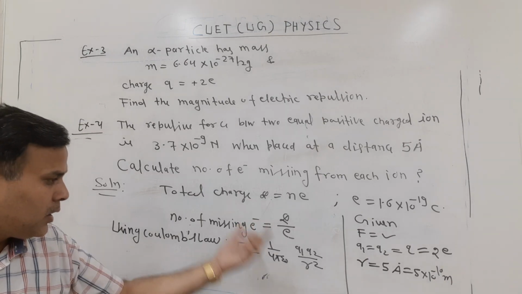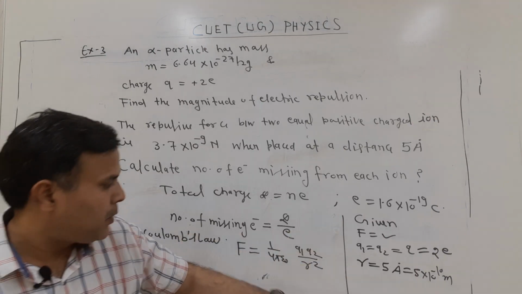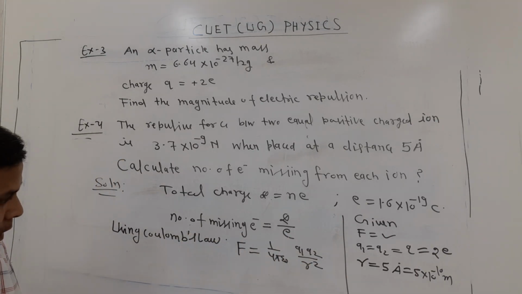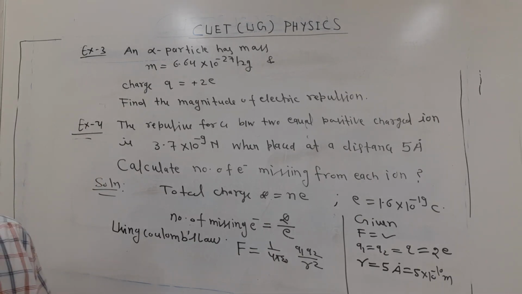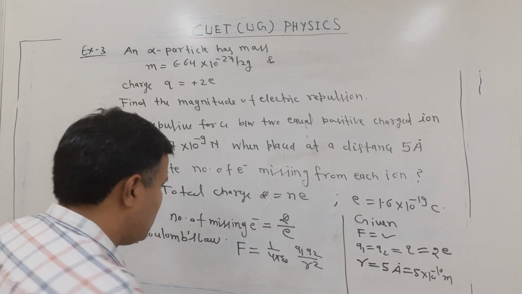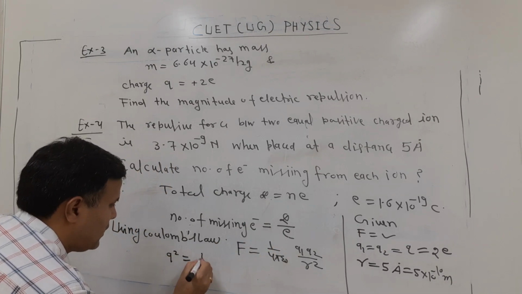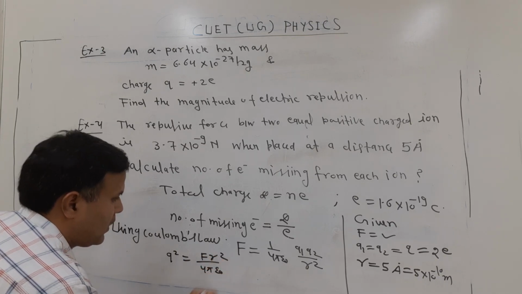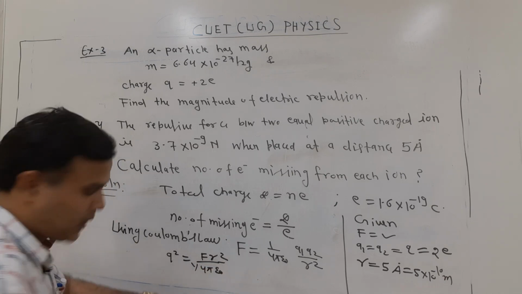Putting all these values in the expression, Q square is F R square divided by 1 upon 4 pi epsilon 0.